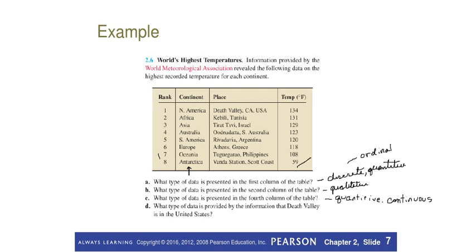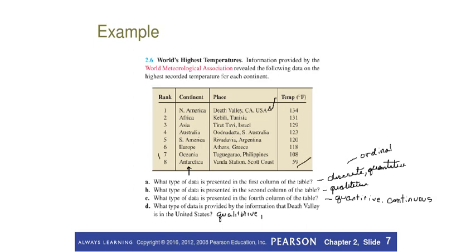Now, what type of data would we say is provided by the information that Death Valley is in the United States? Here it is, in North America. What kind of data is provided there? Well, we would still call it qualitative data.